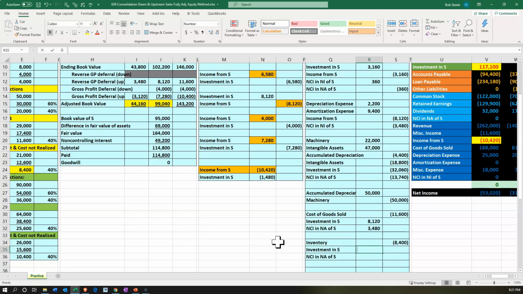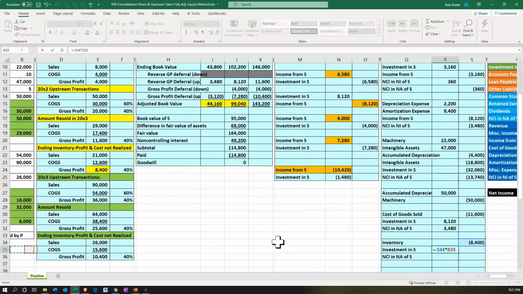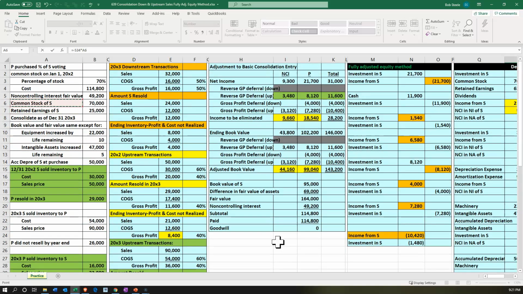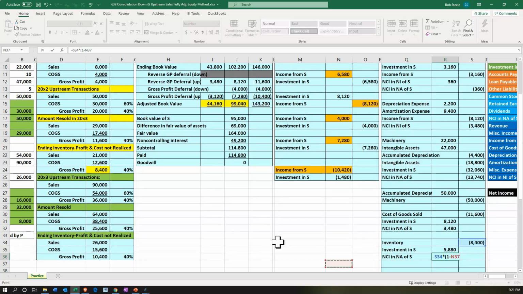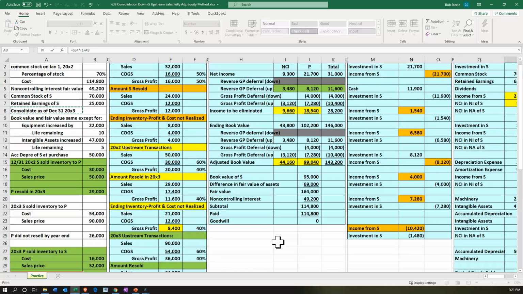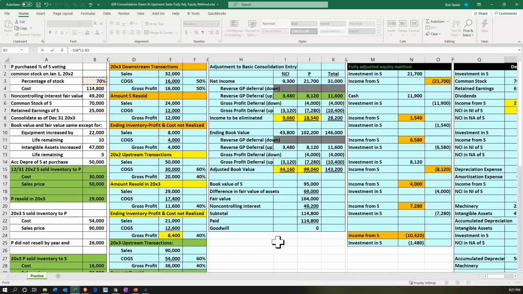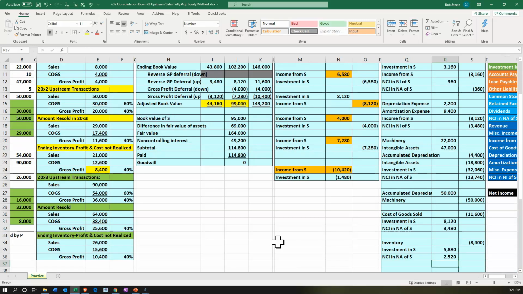So I'm going to say this is going to be equal to negative of that number times the 70. Scrolling up, picking up the 70, and then I can take the negative of that number times 1 minus the 70, which of course will be the 30%.